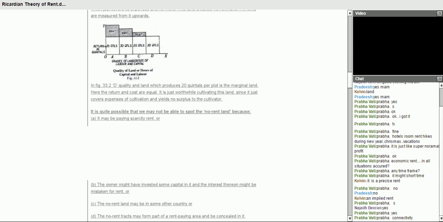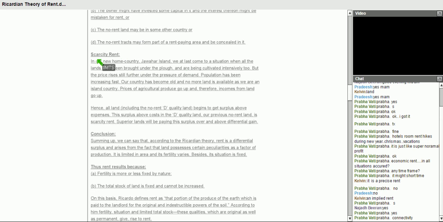Okay, so this is it. So what is this scarcity rent? Let's see that. In our new home country, Jawahar Island, we at last come to a situation when all the lands have been brought under the plough and are being cultivated intensively too.